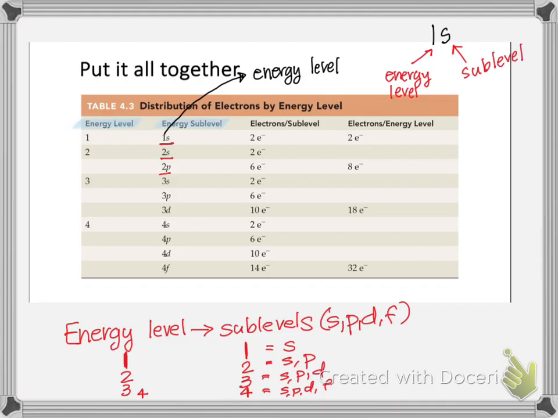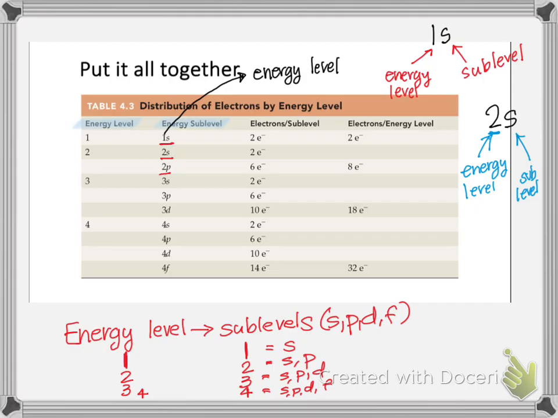So if I have 2S, that is the energy level, and that is the sublevel. So it's not that there are 2 S's. That number in front is telling you what energy level you're in.